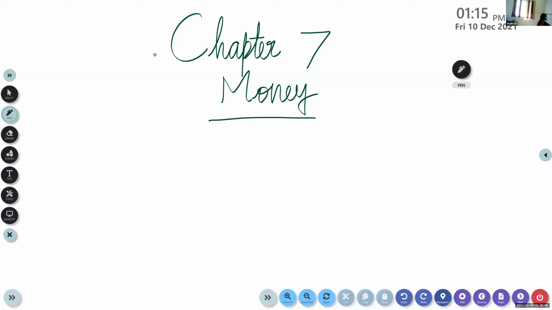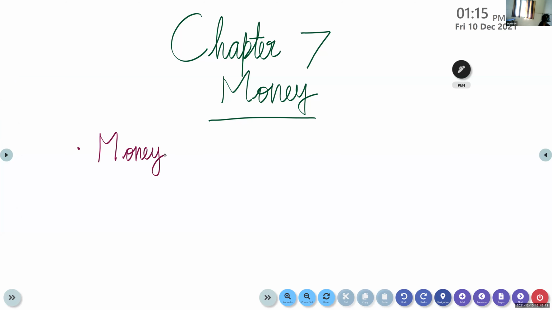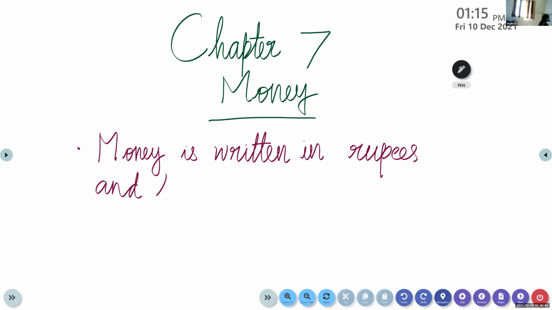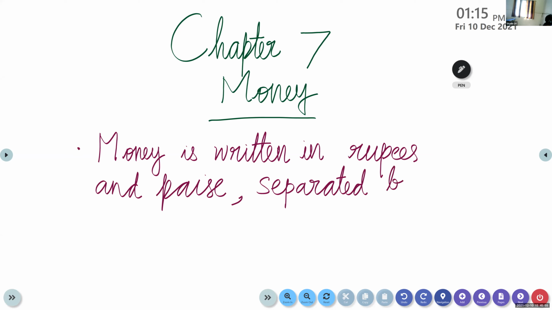Below the heading, we can write one point, that is, money is written in rupees and paisa, separated by a dot.